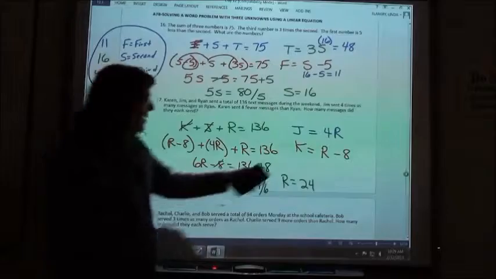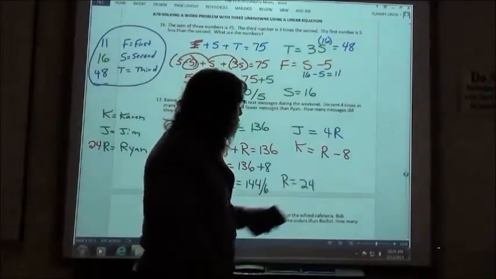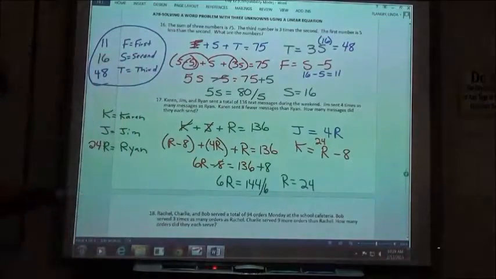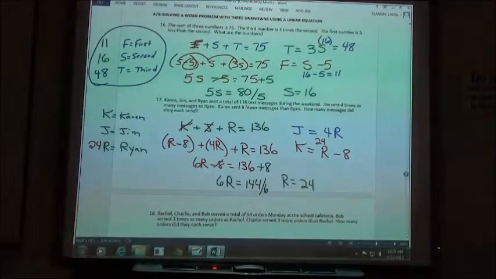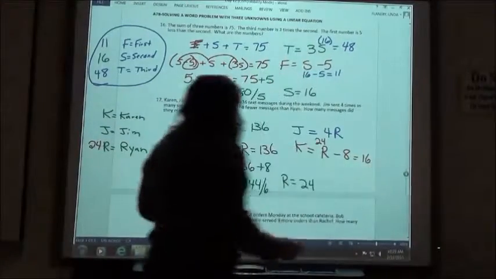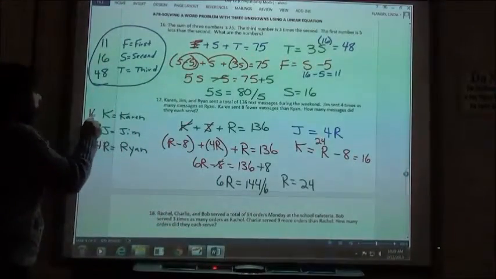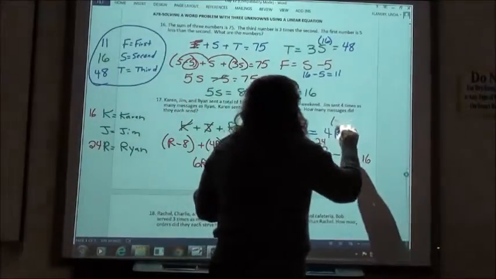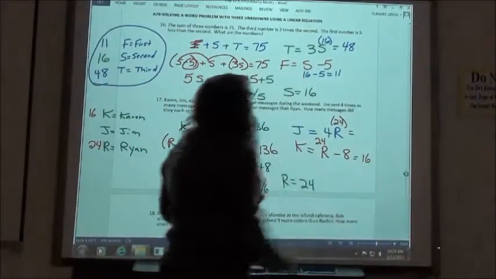Karen sent 8 fewer than Ryan. So if I take 24 minus 8, I get 16 for Karen. So Karen did 16. Jim did 4 times as many as Ryan. He was busy on his phone.